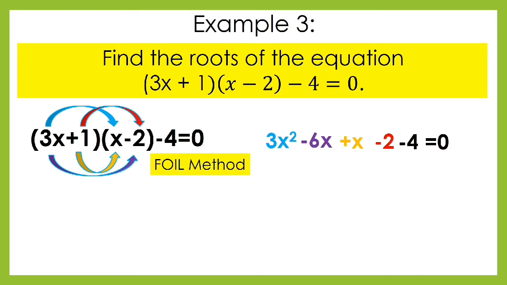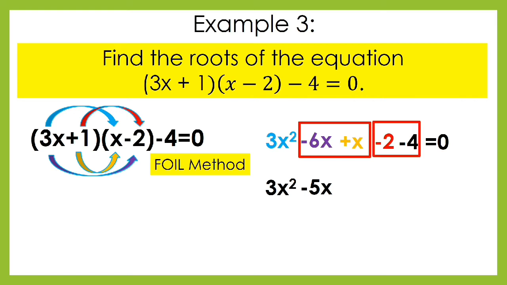Let's combine negative 6x plus x. Okay, let's copy first 3x squared and then we add negative 6x and x. It is equal to negative 5x. Okay, and then negative 2 minus 4 is equal to negative 6 equals 0.